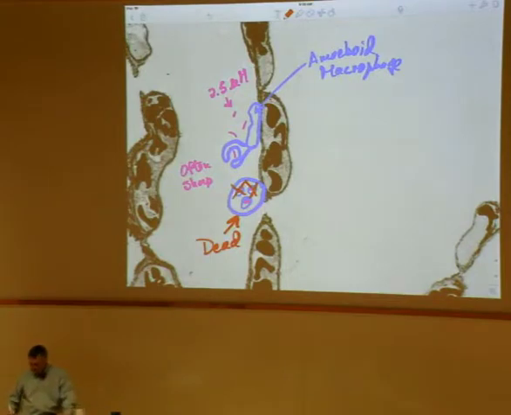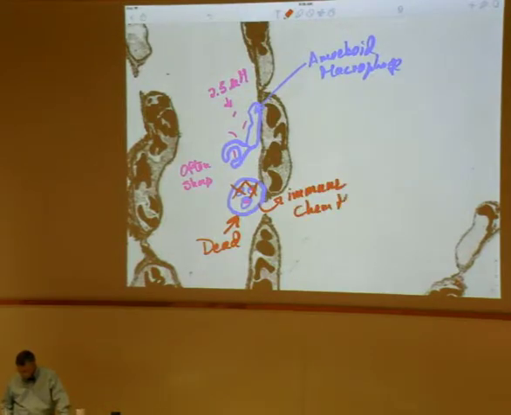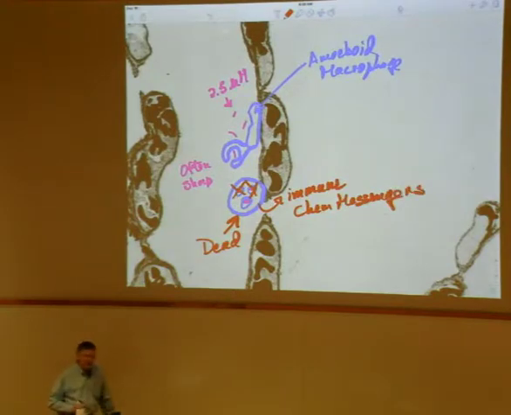That process, dead macrophages release immune system messengers. We don't call them hormone, we call them cytokines. We'll talk about them next week. But we don't call them hormones because they just have local effects. But what they'll do is they will attract more macrophages.